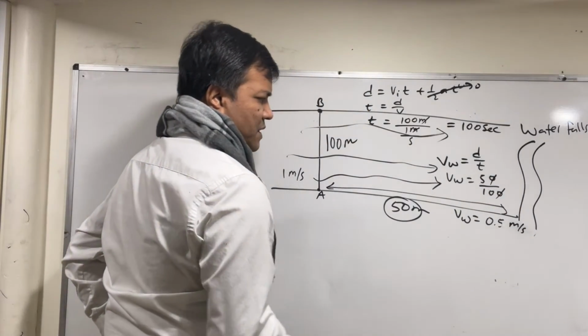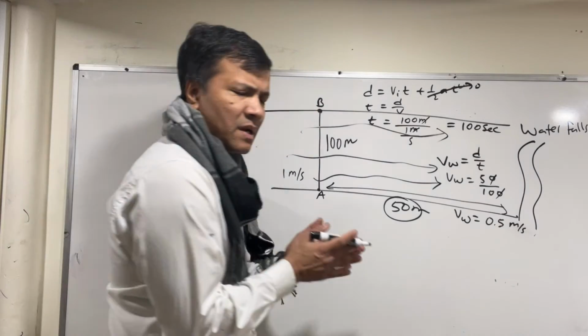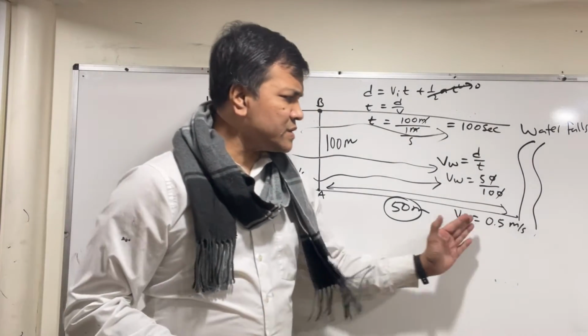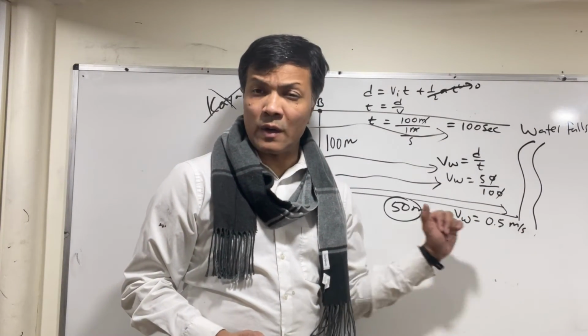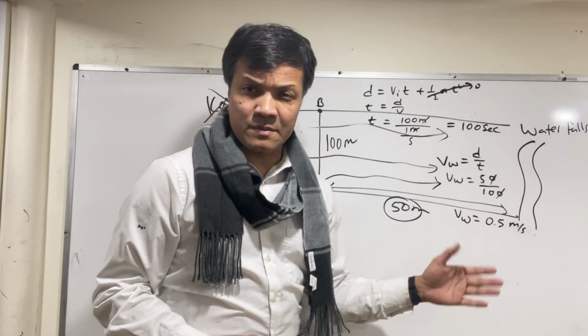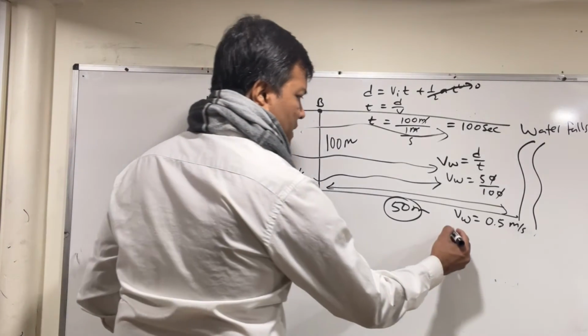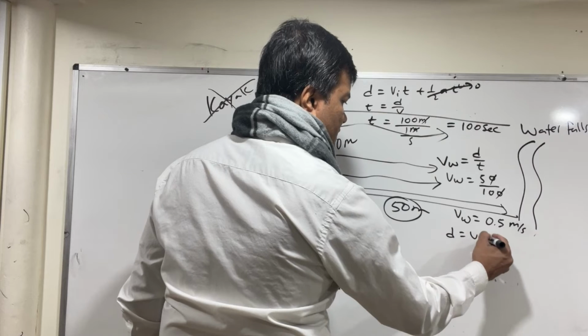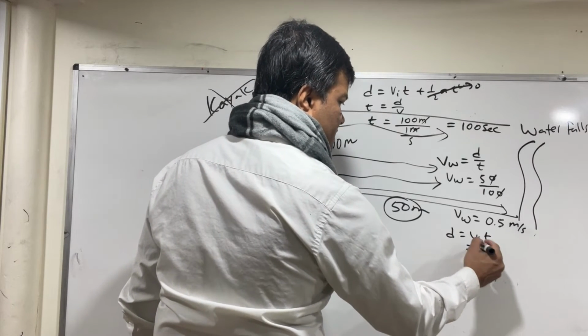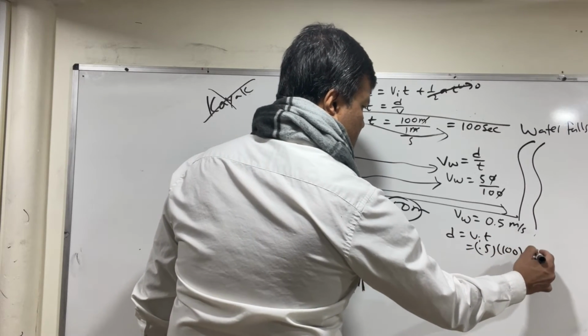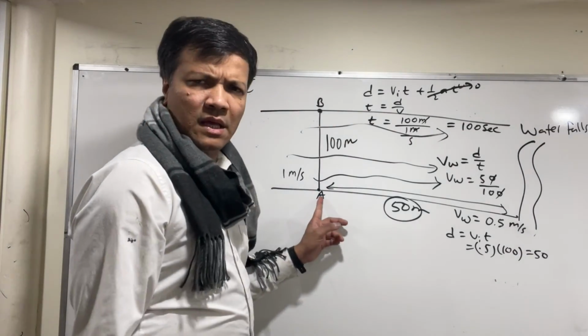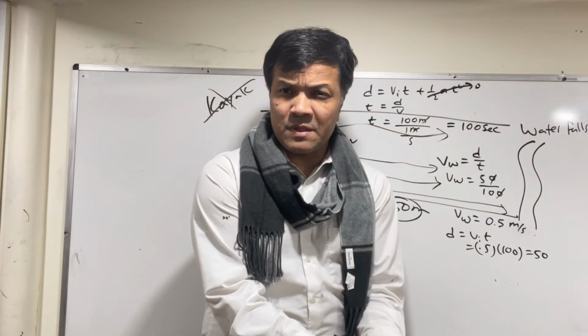What does that mean? If the velocity of the current is 0.5 meter per second or less, then he survives. Why? Because d is v·t. If v is 0.5 and t is 100, then d is 50, so from him to the waterfalls is 50 meters.